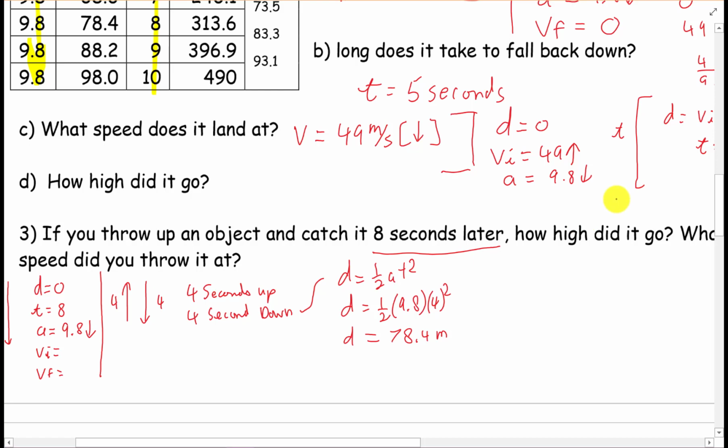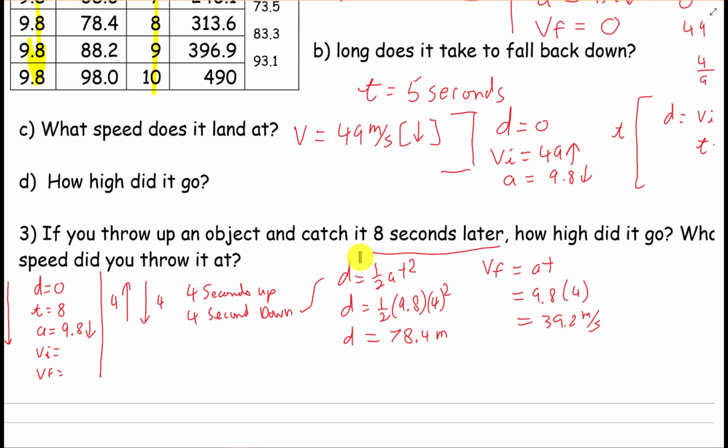That's how far it fell, which is how far it went up. And what speed did you go at? Well, the vf is equal to at, which is 9.8 times 4. So it was 39.2 meters per second.